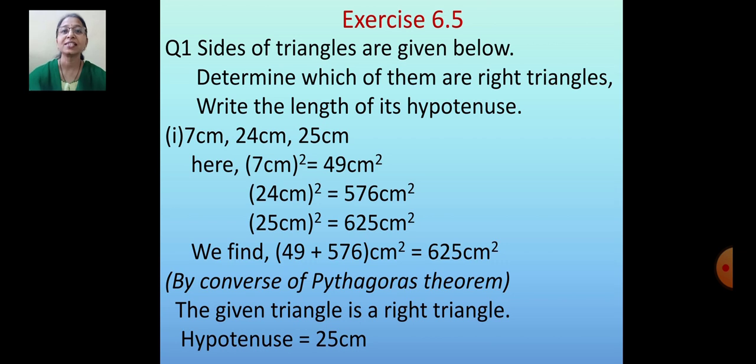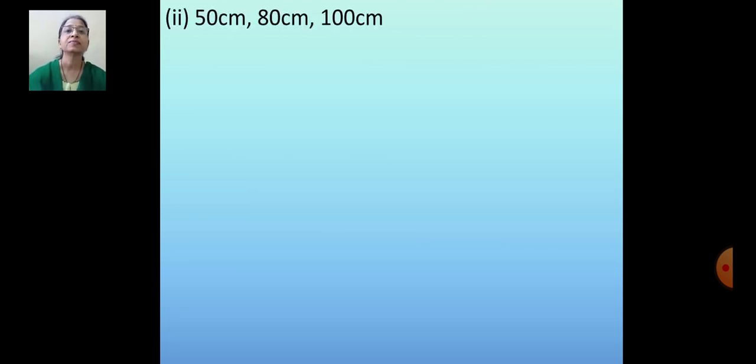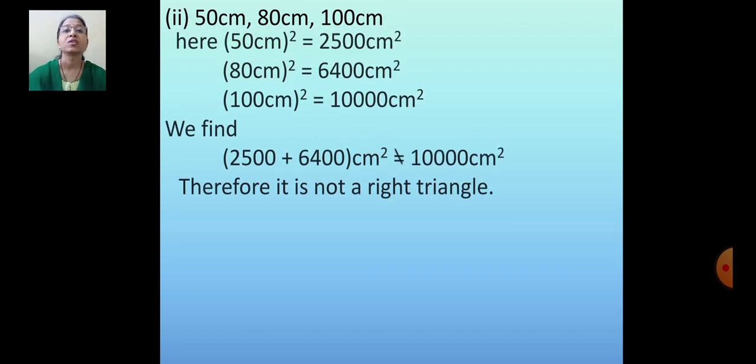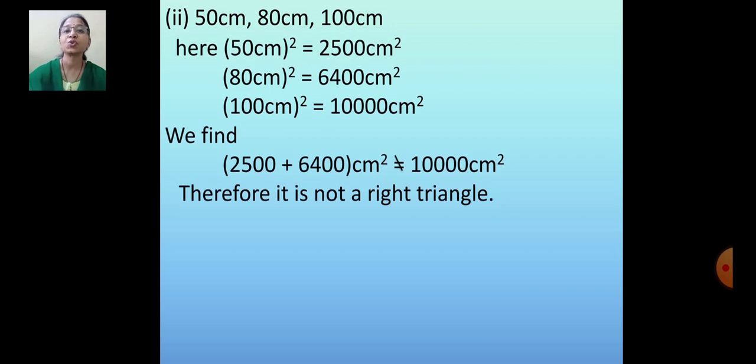Understood? Now let us take one more example. Here the 3 lengths are 50 centimeter, 80 centimeter and 100 centimeter. Now we'll find out their squares one by one. 50 centimeter square is 2500 centimeter square, 80 centimeter square is 6400 centimeter square, and 100 centimeter square is 10,000 centimeter square.